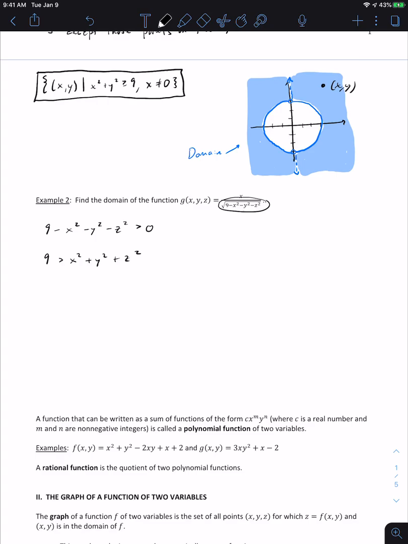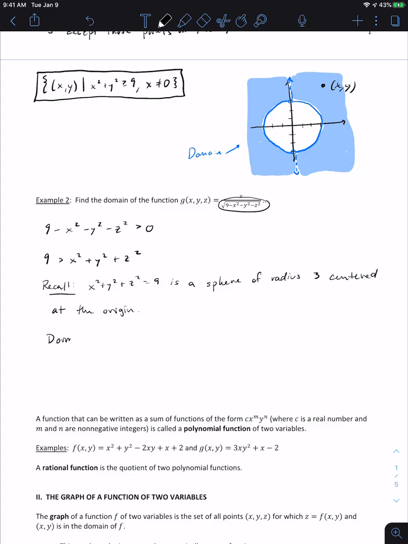Right? And what do we recall? Remember that x squared plus y squared plus z squared equals 9 is a sphere of radius 3 centered at the origin, right?